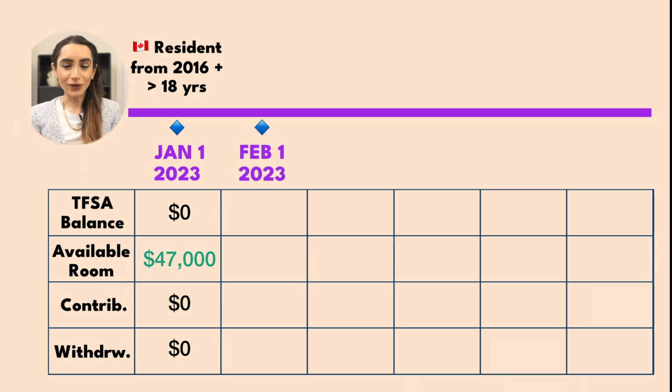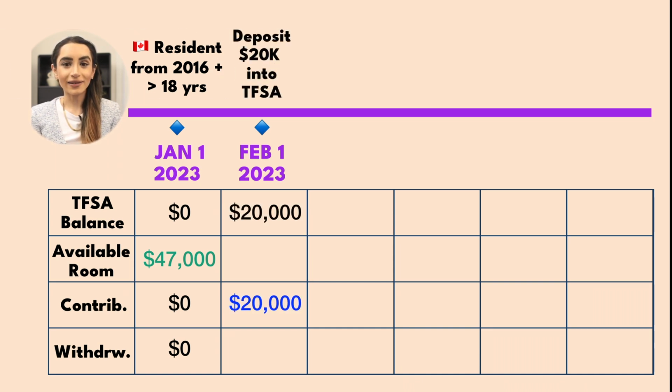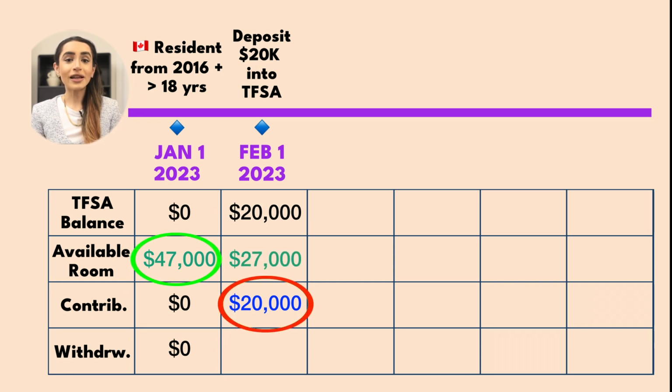Now on February 1st, 2023, you opened your first TFSA account with Questrade and deposited $20,000. You immediately invest this money into stocks. Now your available room becomes $47,000 minus $20,000, leading to $27,000 in TFSA contribution limit left over.